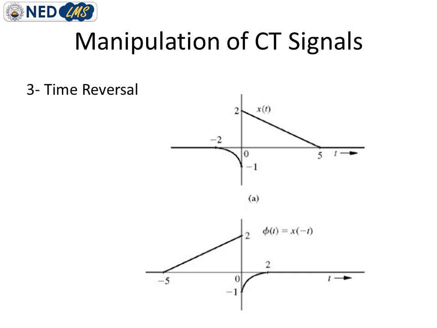To time reverse a signal, we just replace the time variable t with minus t, and the time reversal of signal x of t results in a signal x of minus t.